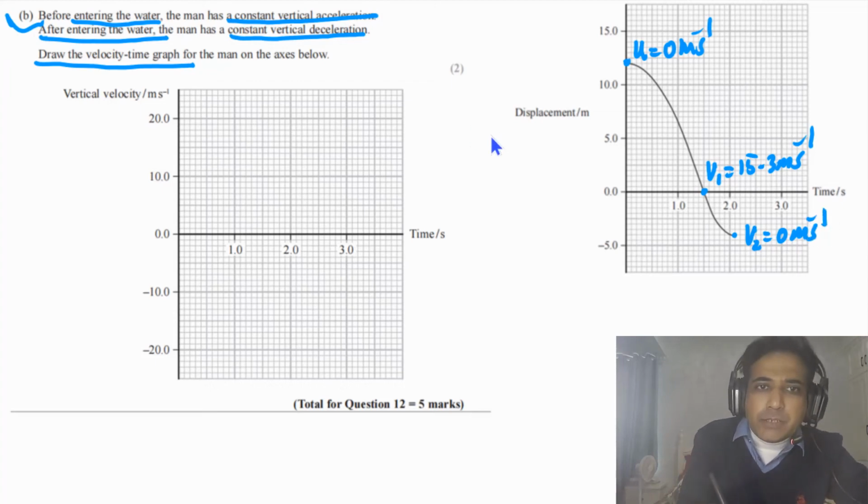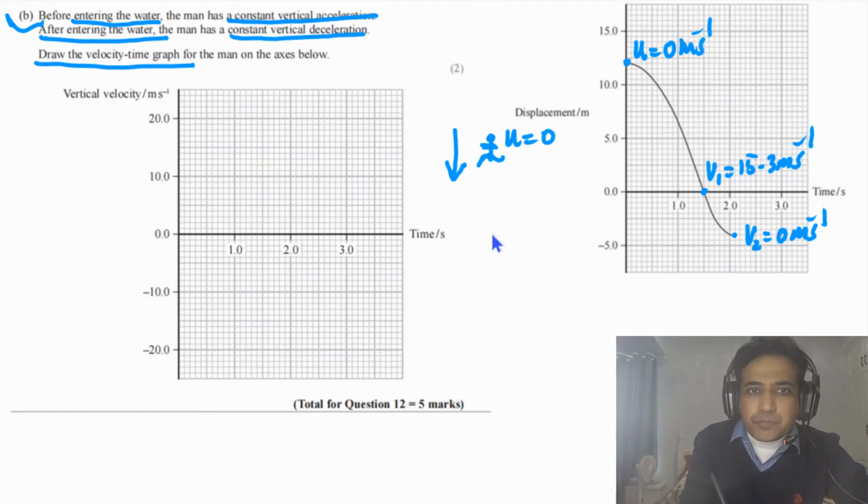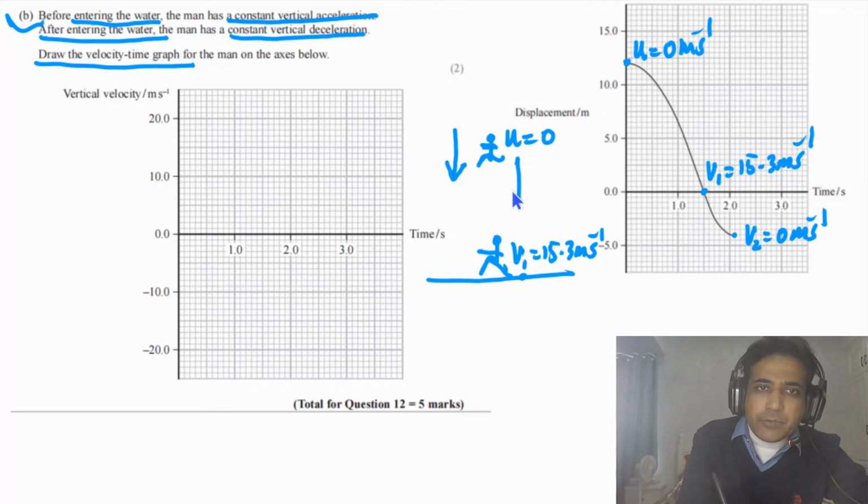We can also understand this question a little bit in a different way. First of all, we can imagine at this point the initial velocity of the person is 0, and this person starts falling downwards, and when this person hits the water, at this point the velocity of the person is equal to 15.3 meters per second, and acceleration is always downwards, so a is equal to g.